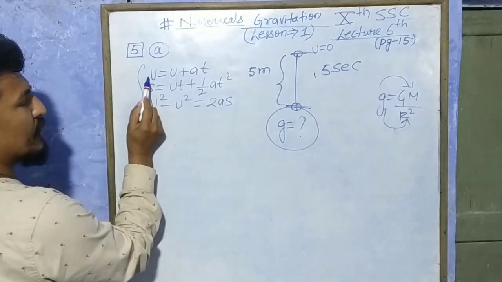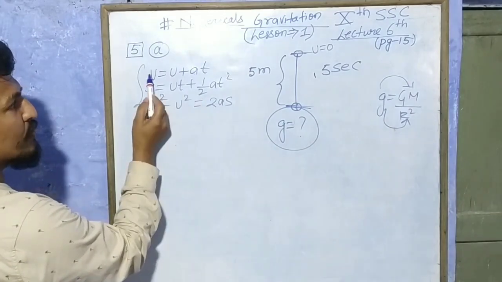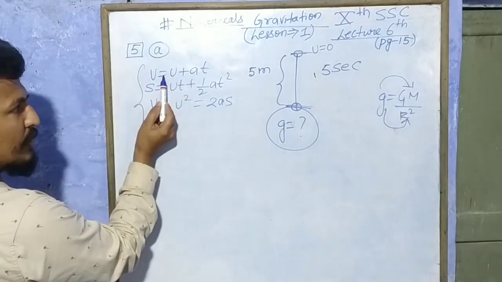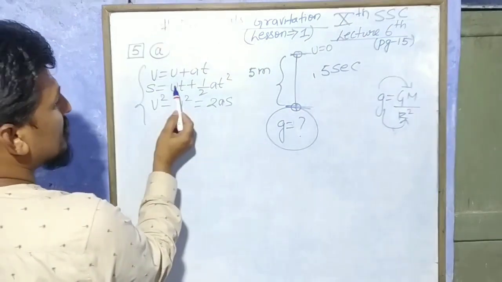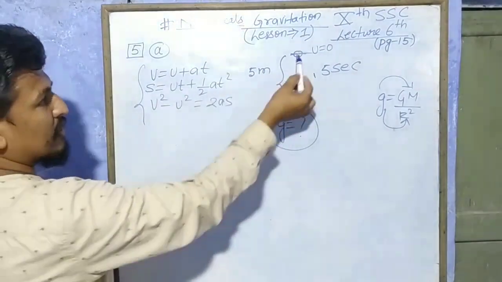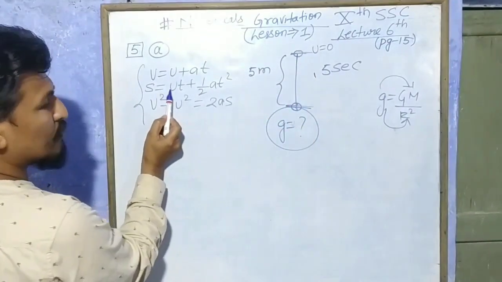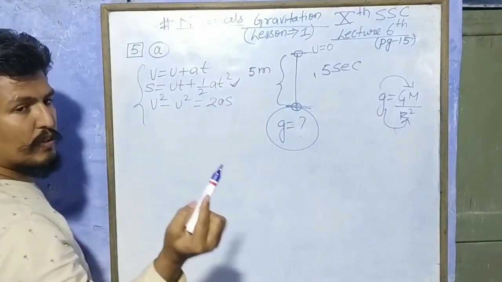In the first equation v is not given and a is to be found, so two variables are unknown and we don't use it. In the second formula, s is given as 5 meter, u is 0 and t is 5 seconds. So we use this formula.